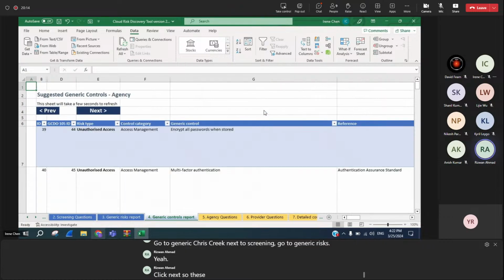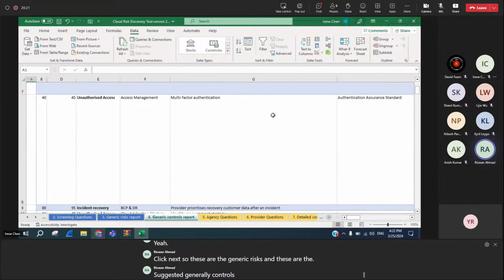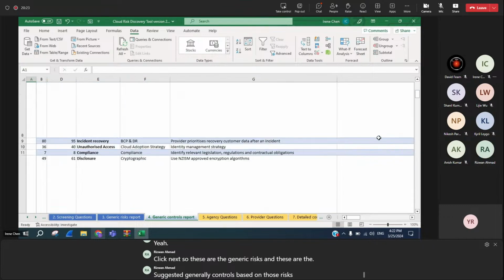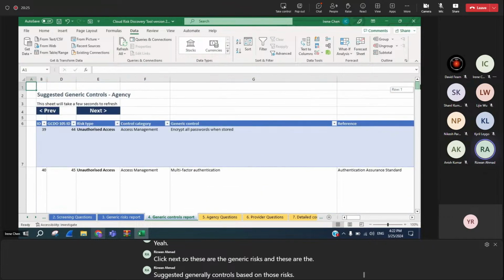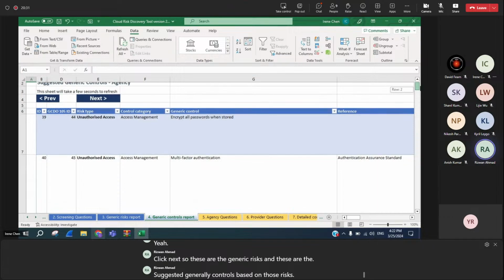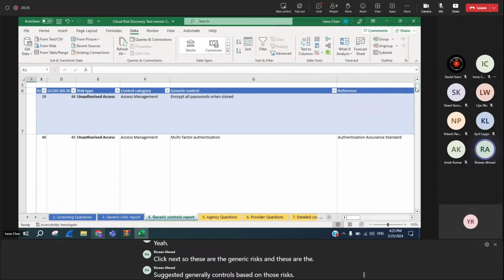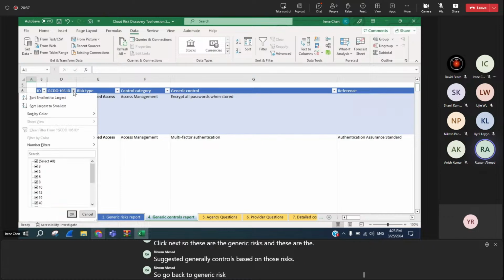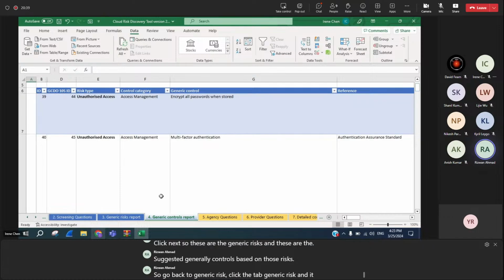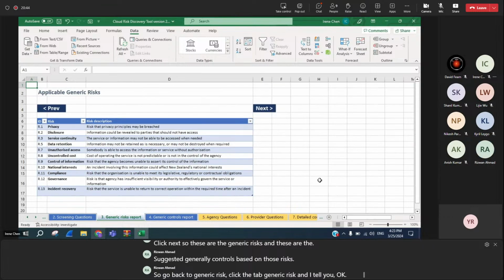So these are the generic risks, and these are the suggested generic controls based on those risks. Go back to generic risk, click the tab generic risk, and I'll tell you.